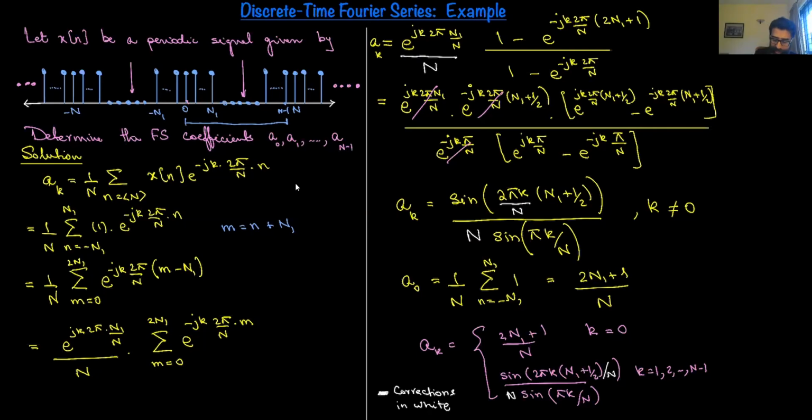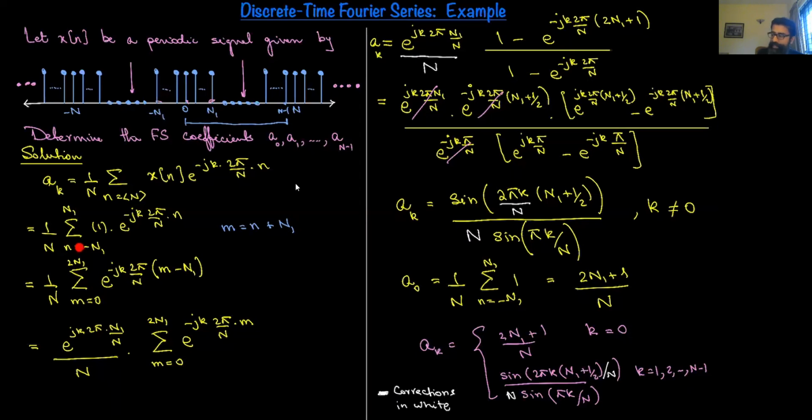Exactly, good. So ईमान असल में ये यहाँ पे x of n ही था, right? और मैं यहाँ पे let's say minus n by 2 to plus n by 2 if n was even, वो मैं सम कर रहा था. लेकिन I know कि the signal is 0 outside of this interval. The signal is equal to 1 only when small n varies from minus n1 to plus n1.